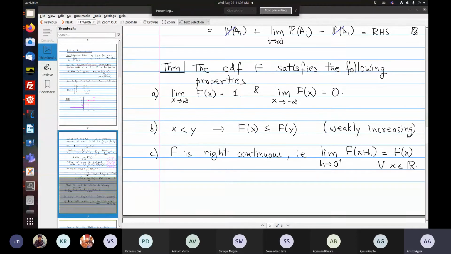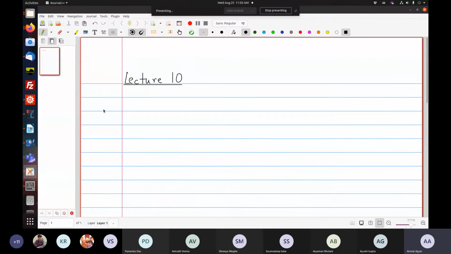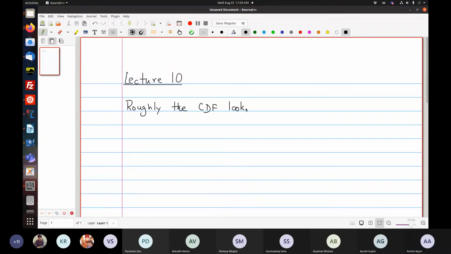So it is 1 on the right, 0 on the left, and is weakly increasing and is right continuous. So roughly the CDF looks like so, for any random variable.